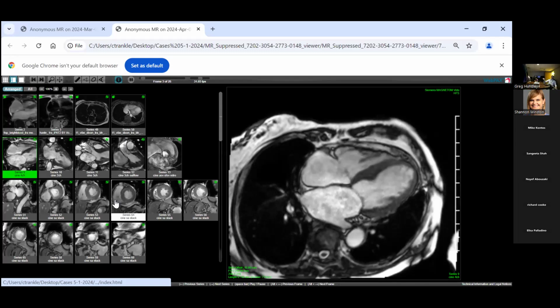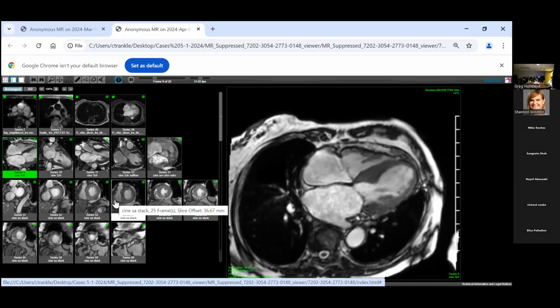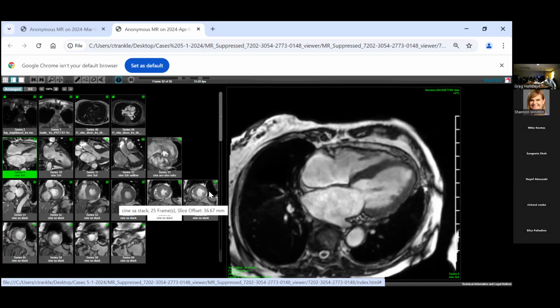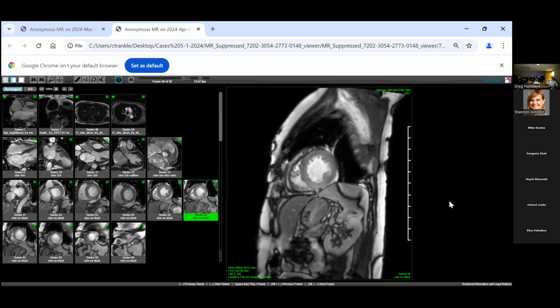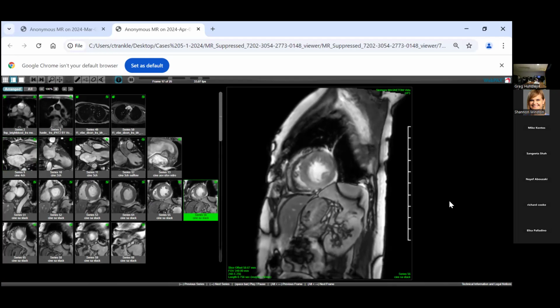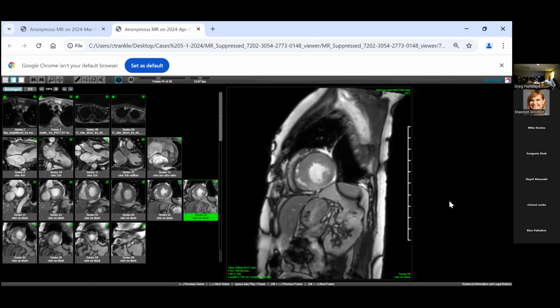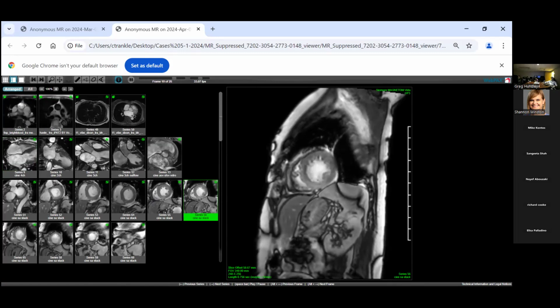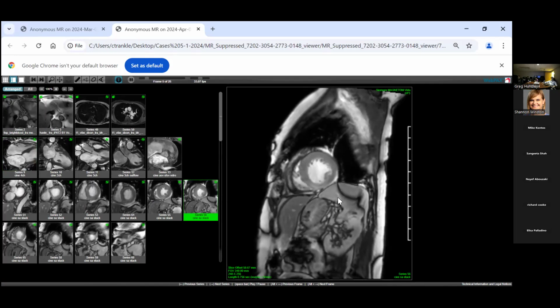So, can we go back to the images? What I want you to look at, let's click on this image here. Notice that this image is very clear and crisp. You see the endocardial surface really well. Now click on this image here.